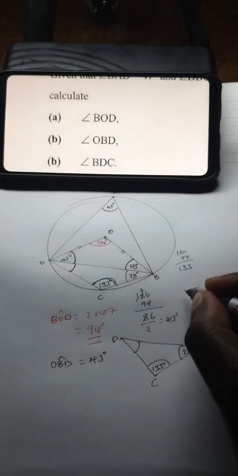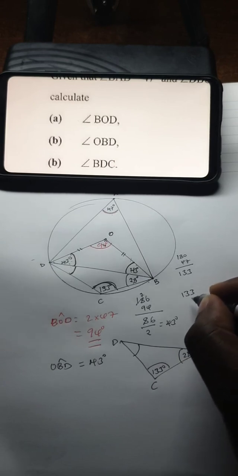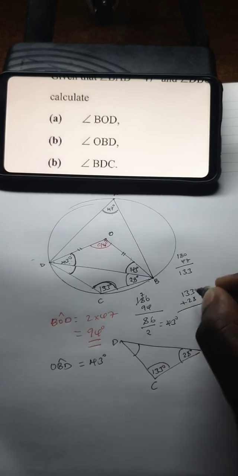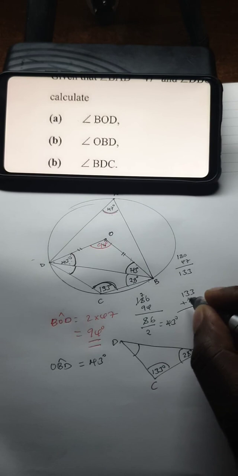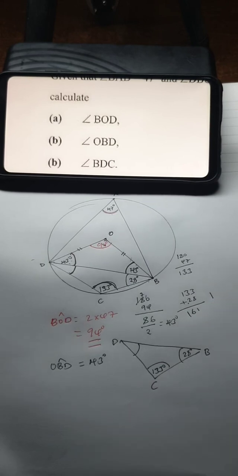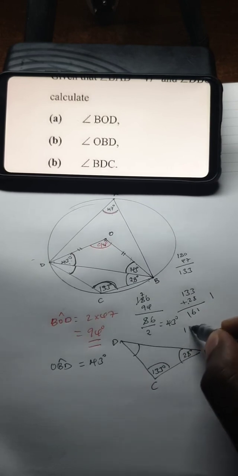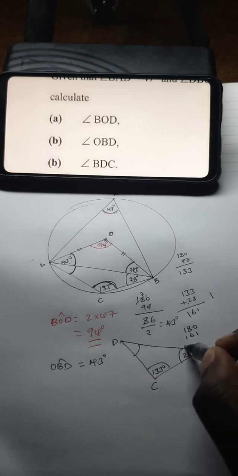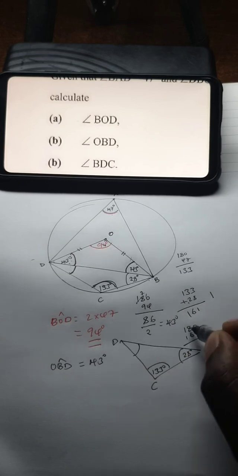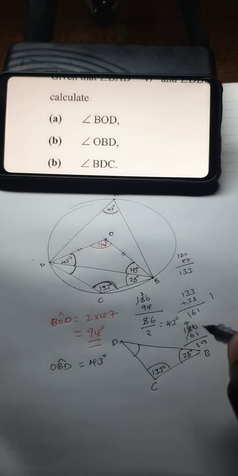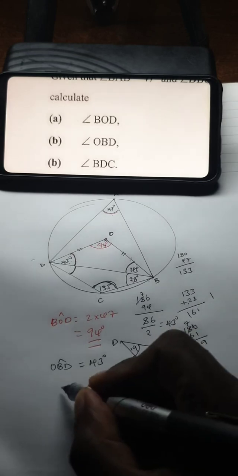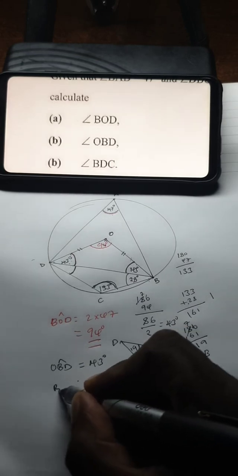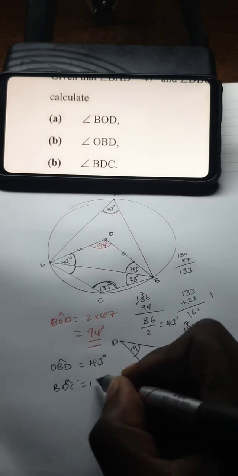So I'm going to say 133 plus 28. 11, 1 remainder 1. 5 plus 1, 6. 161. So 180 minus 161. 10 minus 1, 9. 17 minus 16. So here it will be 19. So the angle BDC will be 19 degrees.